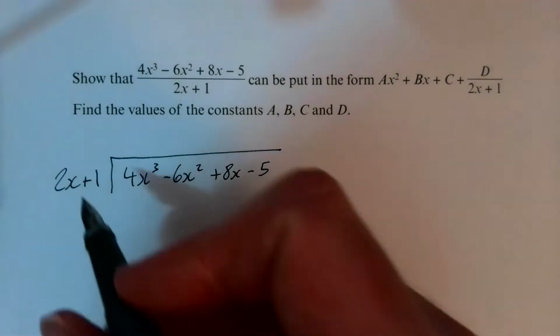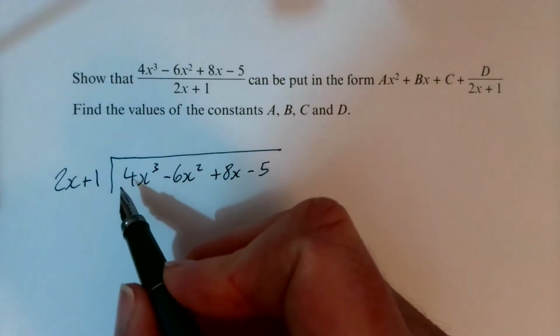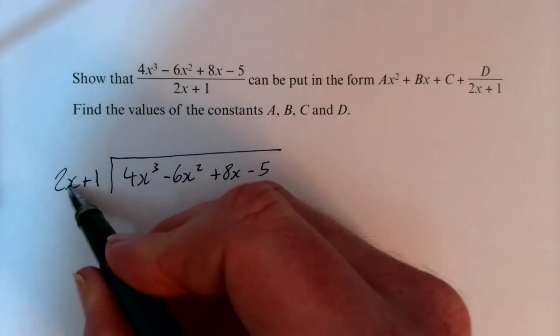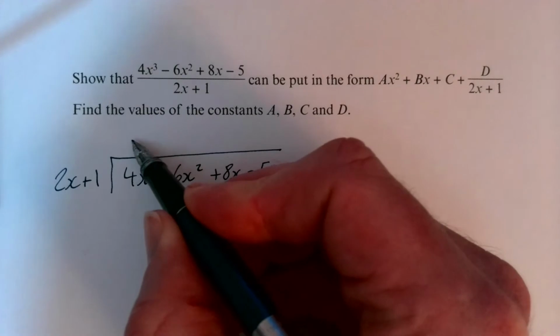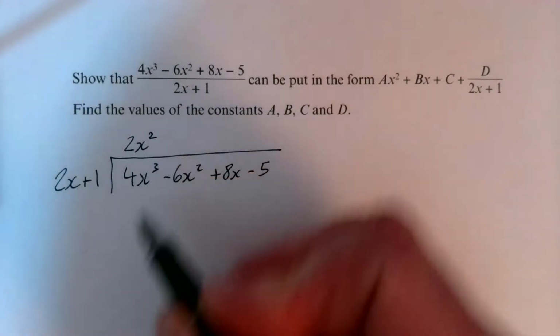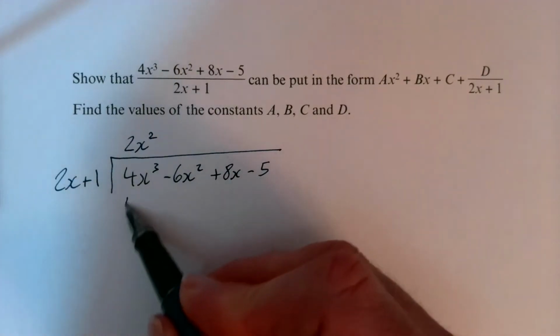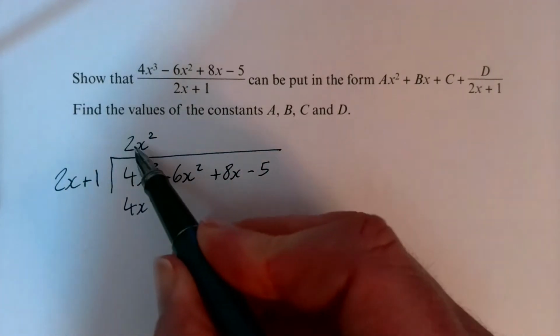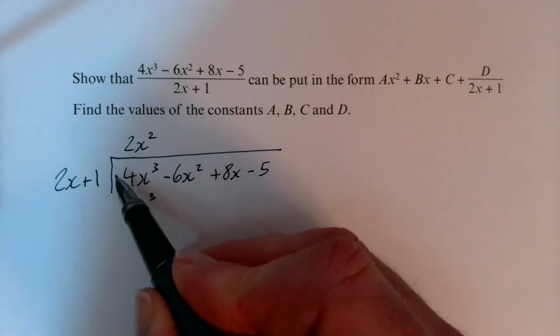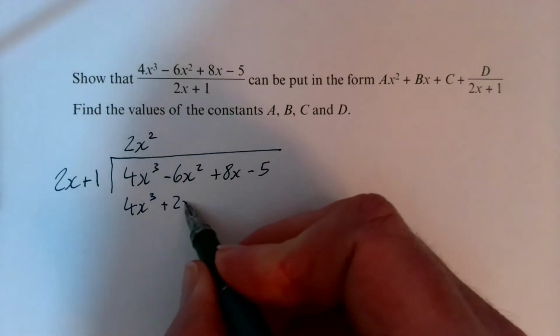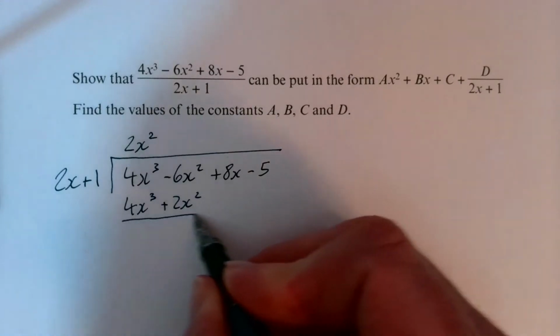And if you did that, you probably found you got further than you thought you would, and it's not that bad. 2x into 4x cubed goes 2x squared. Then we multiply 2x squared by 2x to give us our 4x cubed. We multiply 2x squared by 1 to give us plus 2x squared.